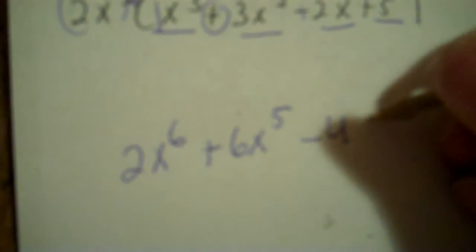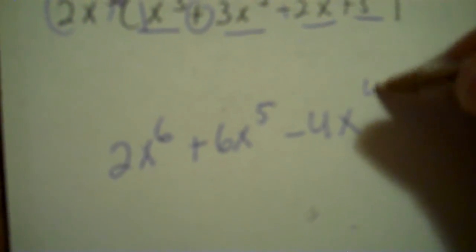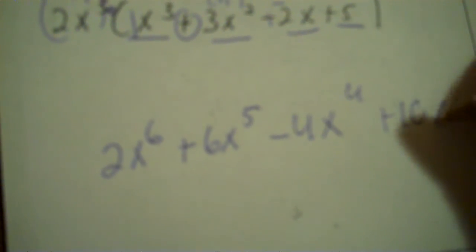Now you have x to the third, but it's not going to have anything added to it, so it's just x to the third. Okay. 6, 5, 4, 3. They're all different exponents, so you're not adding anything. 2x to the 6th, plus 6x to the fifth, minus 4x to the fourth, plus 10x to the third.